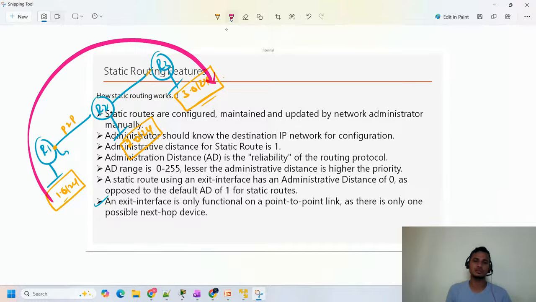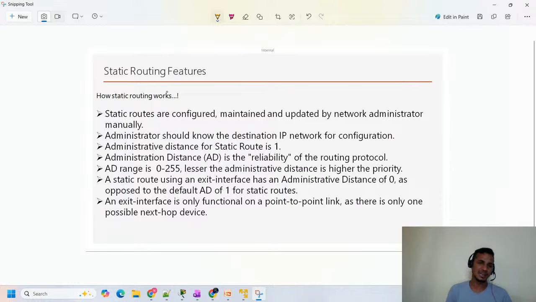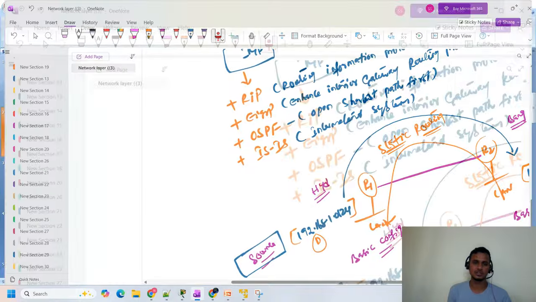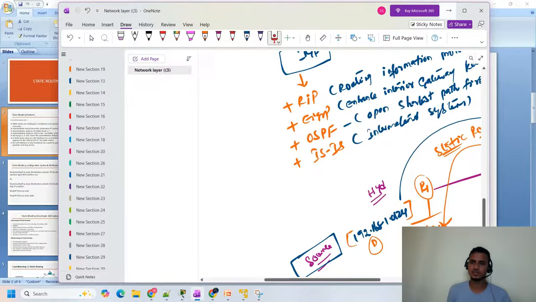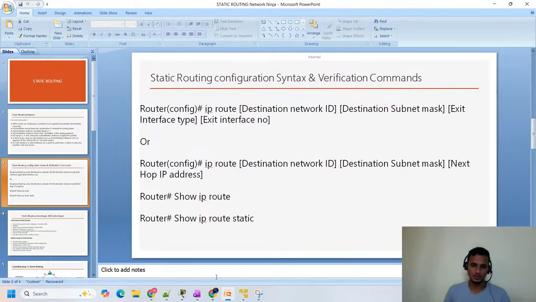So these are the basic and the advanced points of static routes, and these are their functionalities. Static routes are configured and maintained by the network engineer or the network administrator, and the engineer should know the destination network to configure the static routes, right?